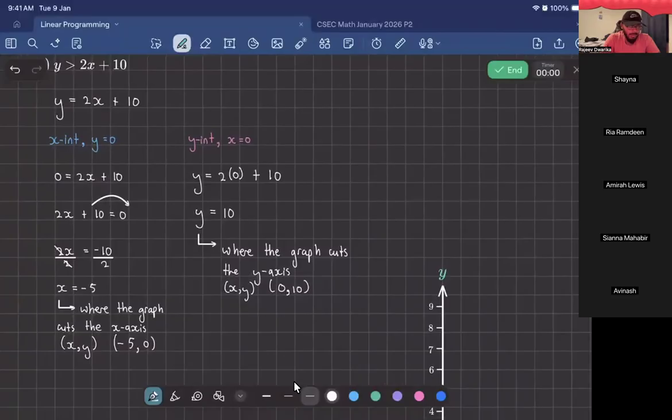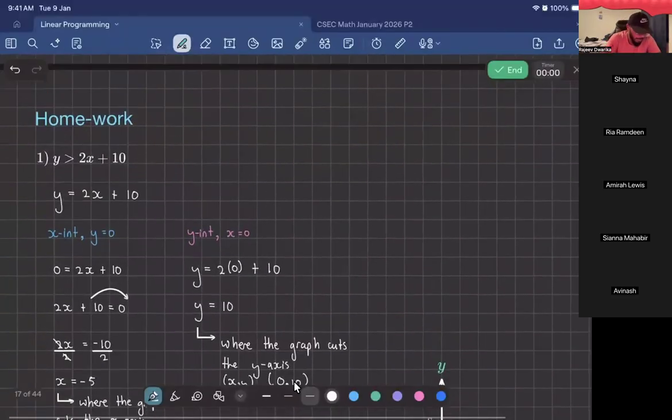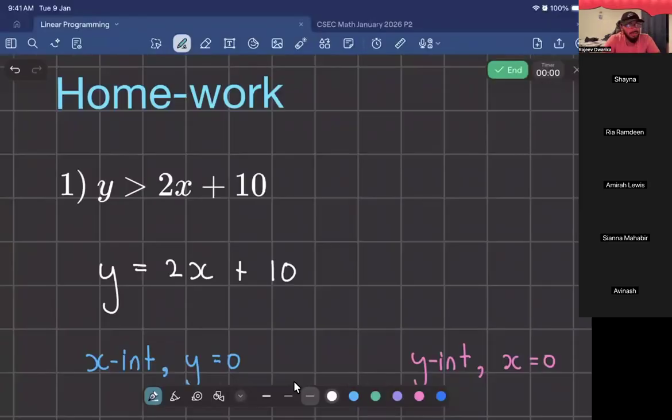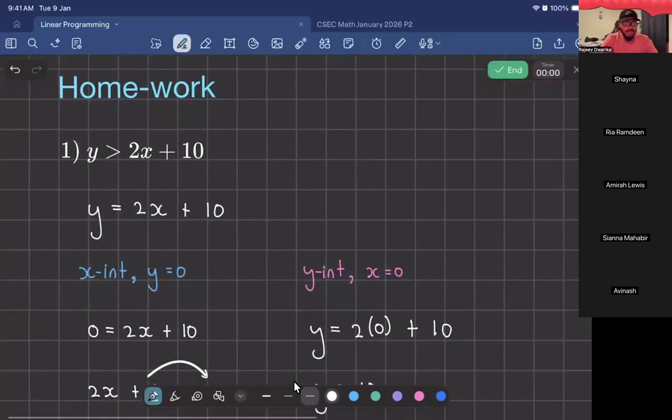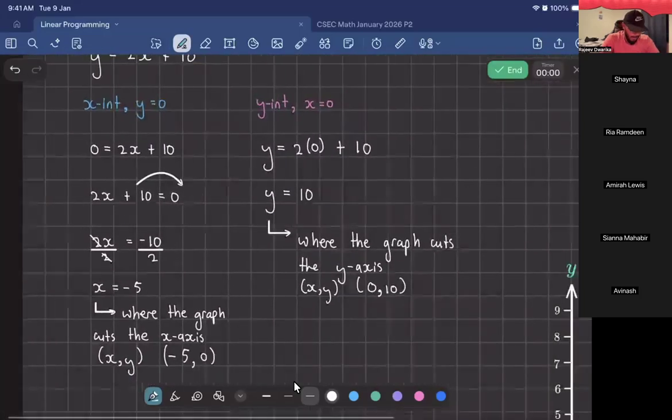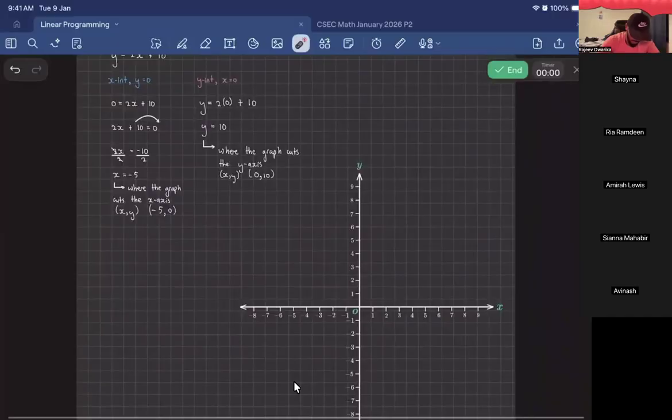So Amira, according to what we found out over here, where is the line? By the way, anytime you see something like this, I'll just generalize it for you. In linear programming at the CXC level, you just deal with lines. So, Amira, wouldn't a line look like this? Yes, sir.